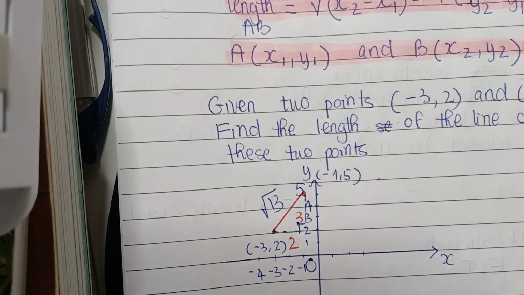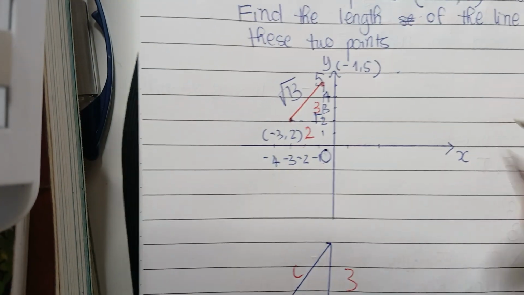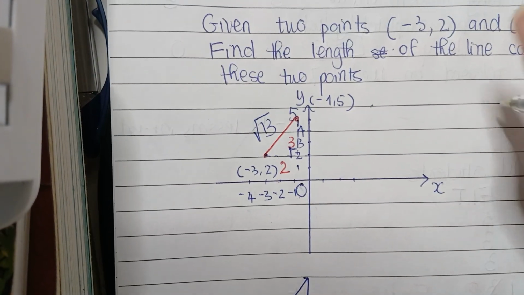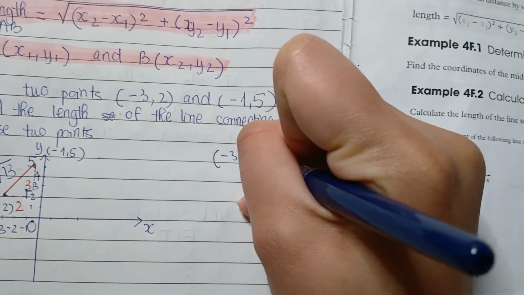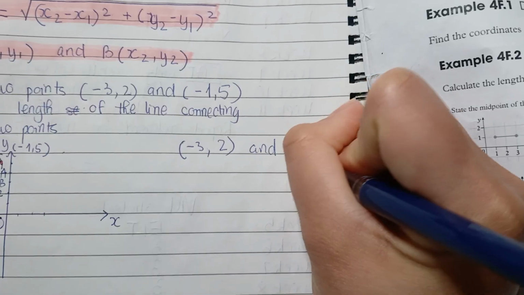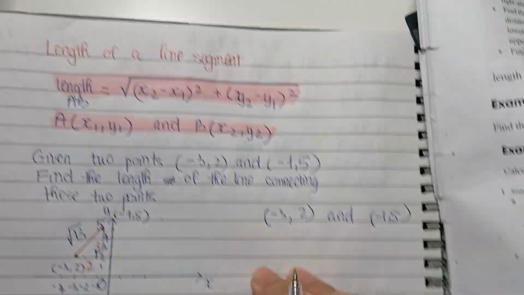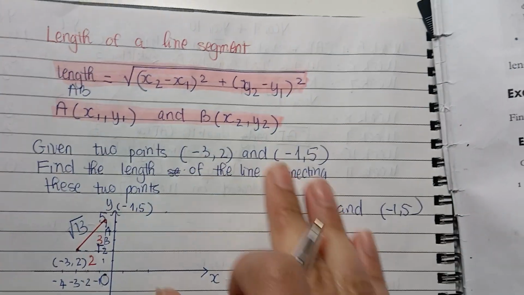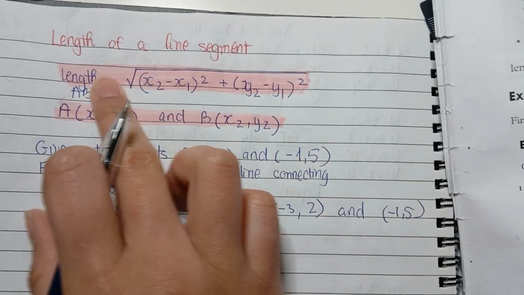Okay, so how do we get from here to this formula? It is based on this. Let me show you. If you got (-3, 2) and (-1, 5), class, in the CAT I only want you to remember and know how, you don't have to write this one down in your notebook.